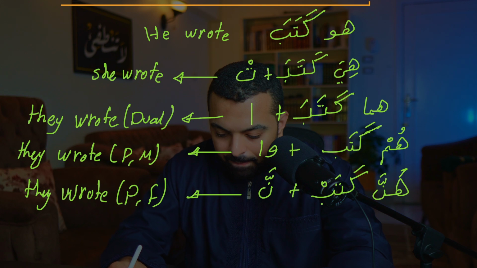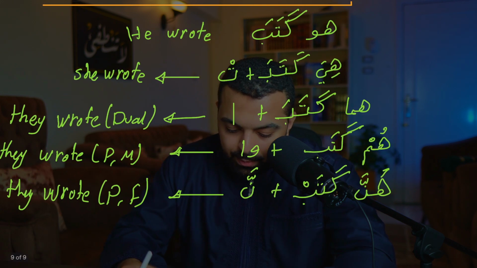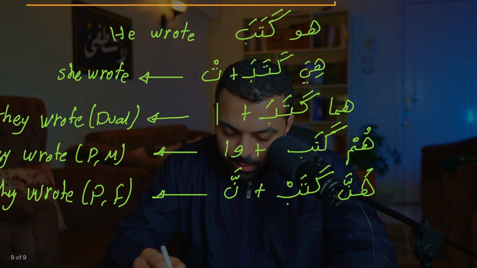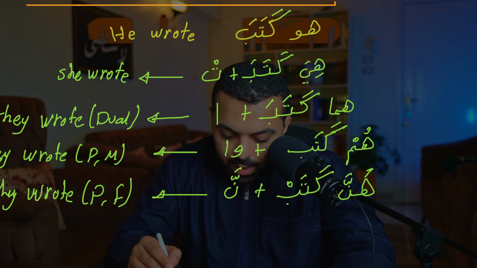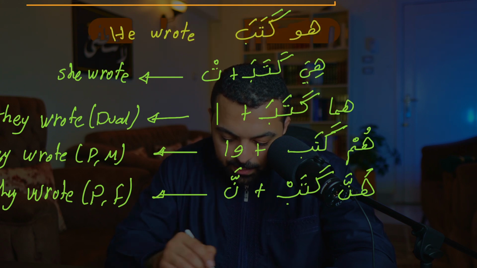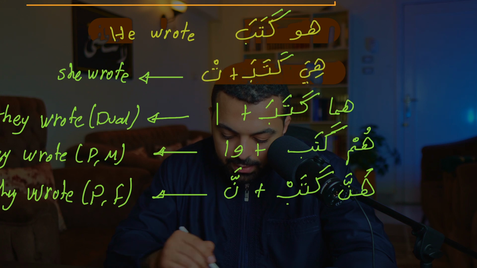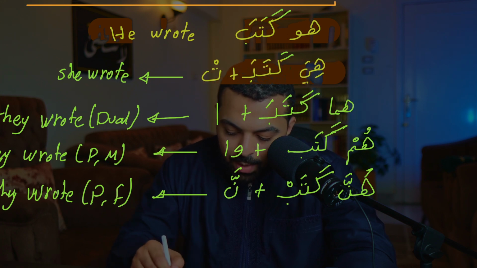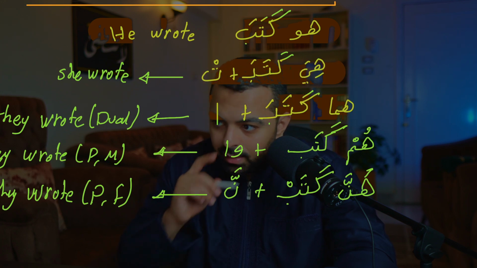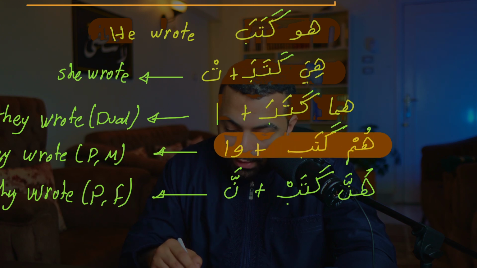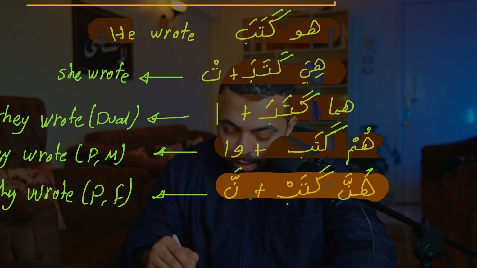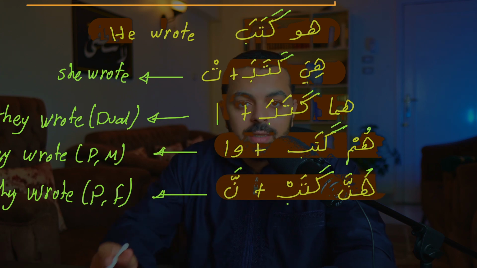For example, you can say هو كتب الدرس. هي كتبت الدرس. هما كتبا الدرس. هم كتبوا الدرس. هن كتبن الدرس.